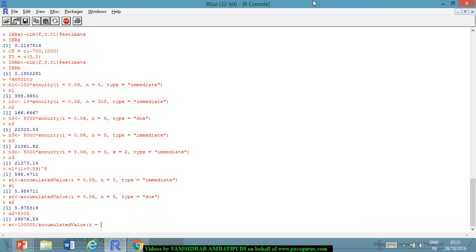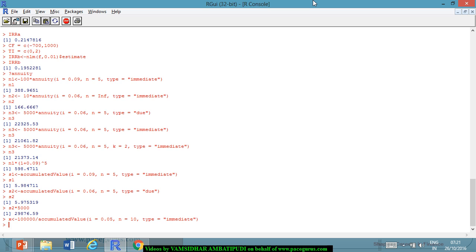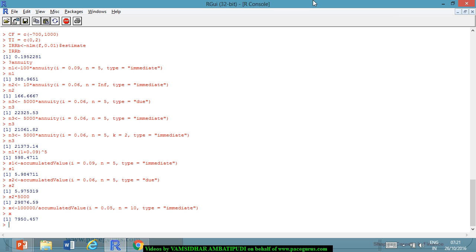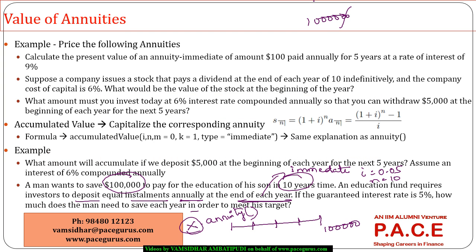So when I'm using the accumulated value, the interest rate is 5%, the N is 10 years, and the type of this particular annuity or accumulated value is immediate. So which is saying that my X value is 7950.47.